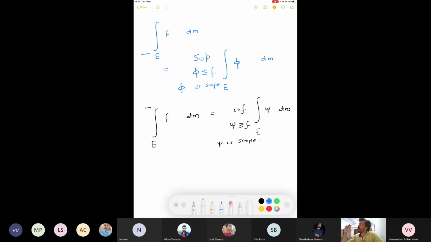He considered only those functions for which the underestimate becomes equal to the overestimate. That class of functions only he considered. And he called a function Riemann integrable if the upper Riemann integral is equal to the lower Riemann integral. So what will be the next step here, do you feel?